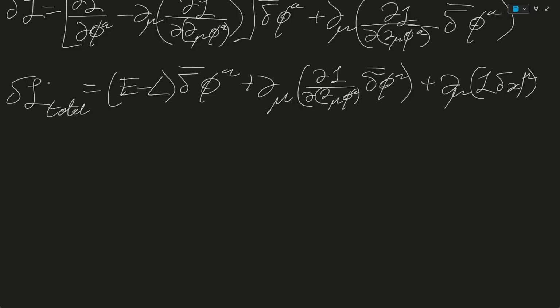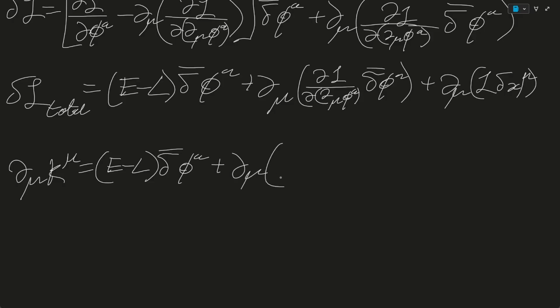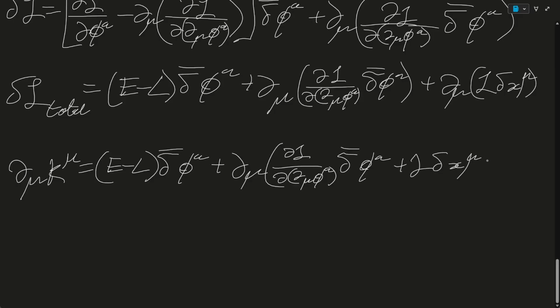Well, let's see what we get. We're going to have this d mu K to the mu is equal to Euler-Lagrange plus this derivative with respect to mu of dL over d mu phi A, d phi A, plus L dx to the mu.